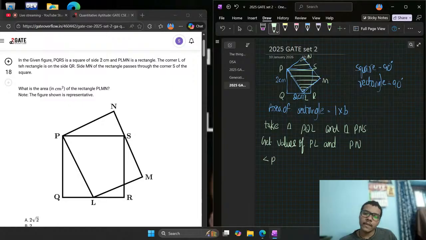Angle QPL, sorry, is equal to angle SPN, which is equal to theta.